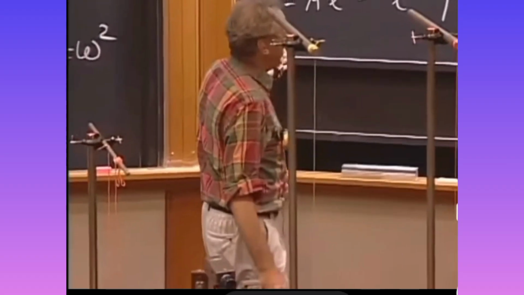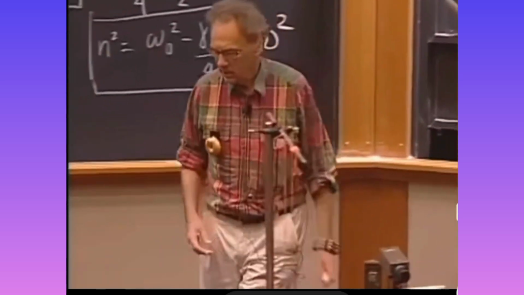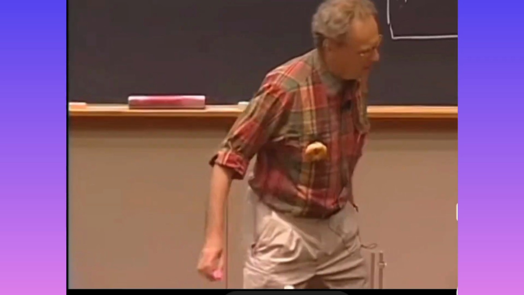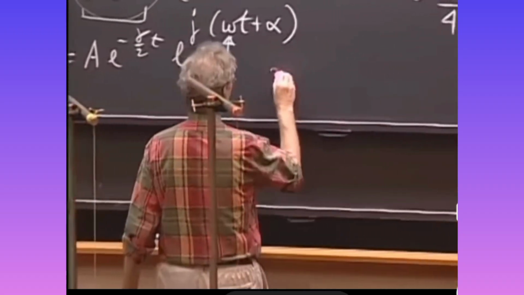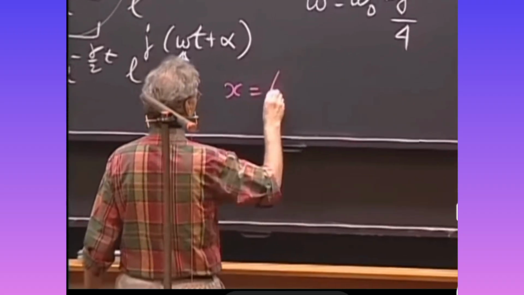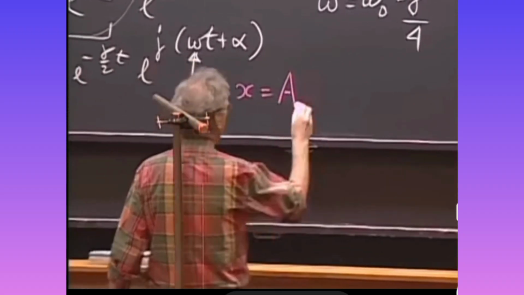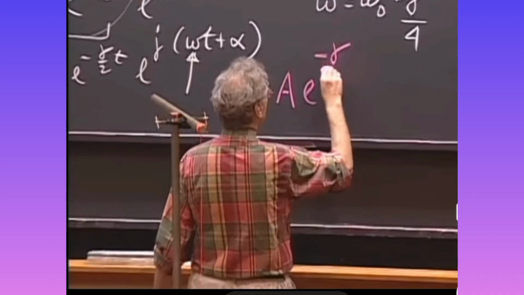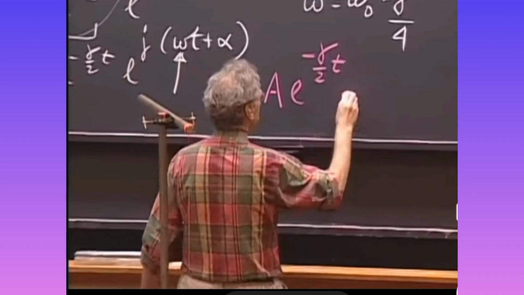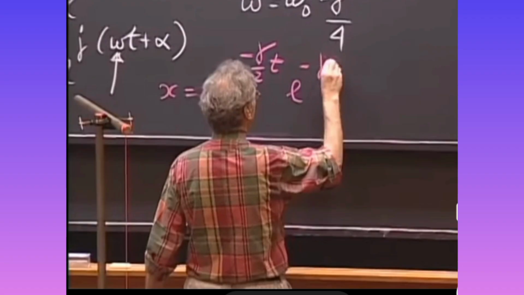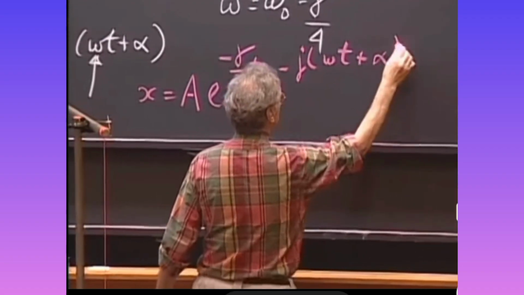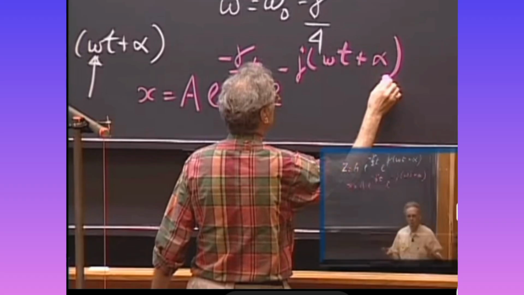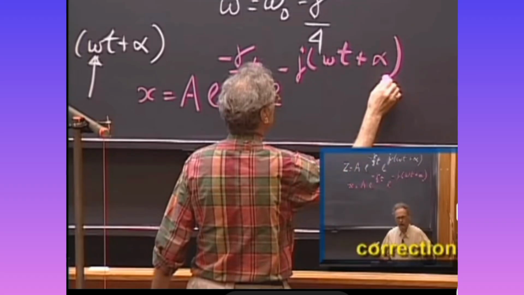And so we can now write down in all its glory the real part of this function, which then becomes x equals some amplitude a times e to the minus gamma over 2 times t times e to the minus j times omega t plus alpha. Look what I did.